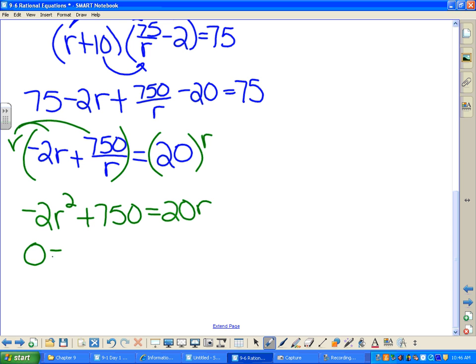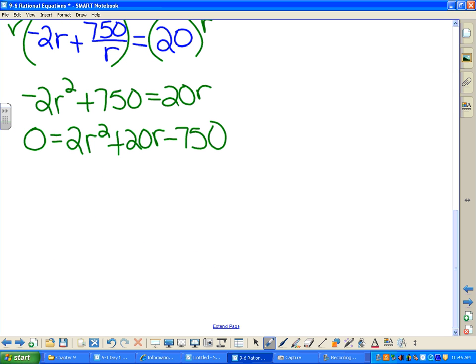I'm going to move everything to the right-hand side, so I have positive 2r squared plus 20r minus 750. Sure, we can divide by 2, right? So we have r squared plus 10r minus 375, right?